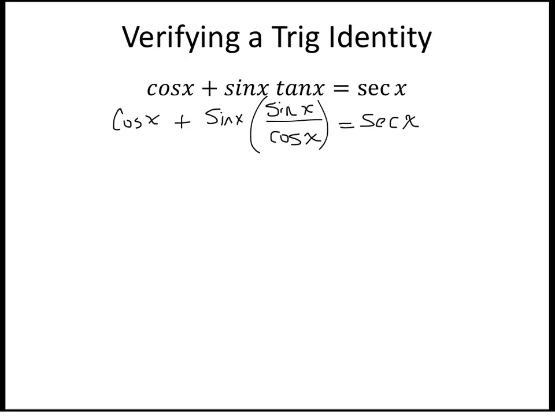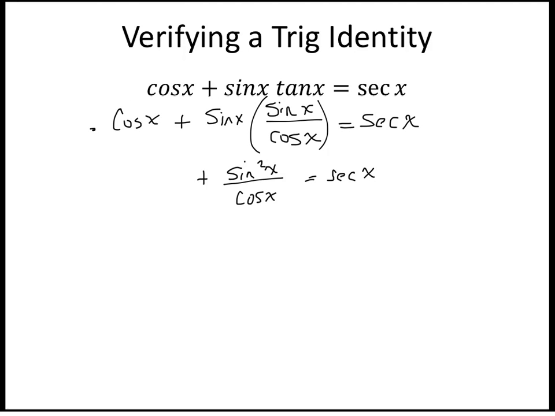And then you're saying, wow, if I do this, then I've got a fraction. So I end up with basically sine squared x over cosine x. So if I've got a fraction, then I need this cosine to be a fraction as well.